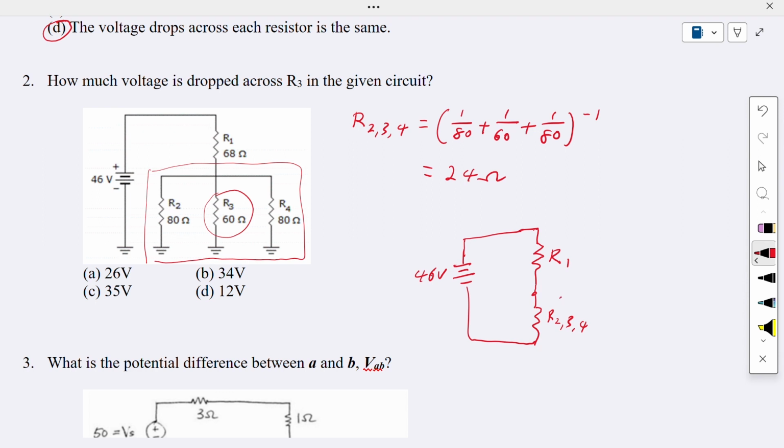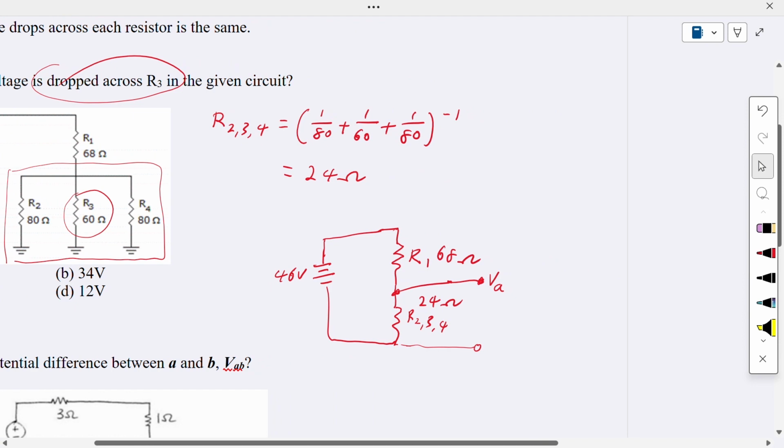This resistor value is 24 ohm and R1 is 68 ohm. We want to know the voltage drop across R3, which is basically this voltage drop here. Let's say this is VA and this is the ground. So we want to find VA.